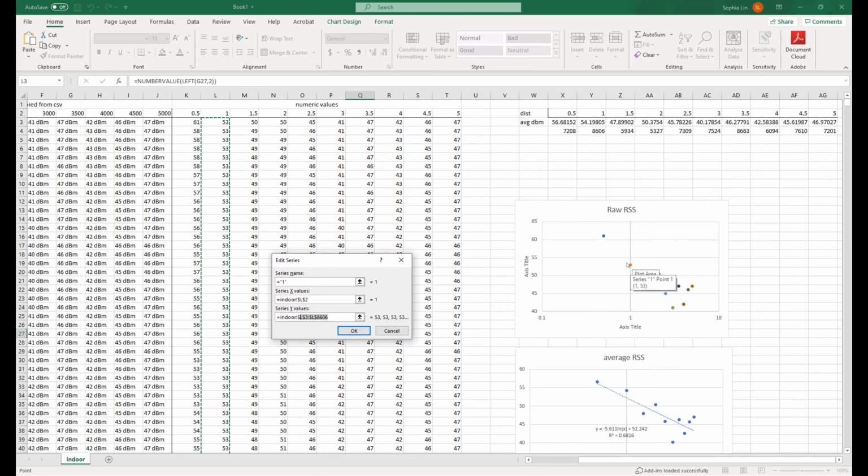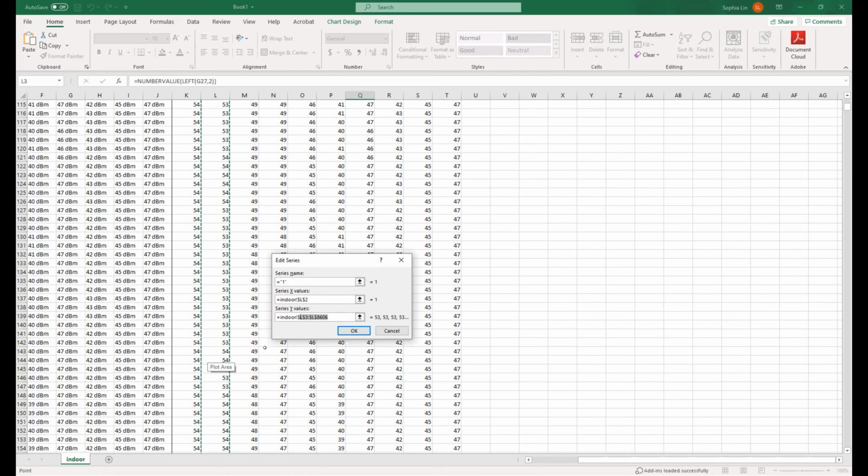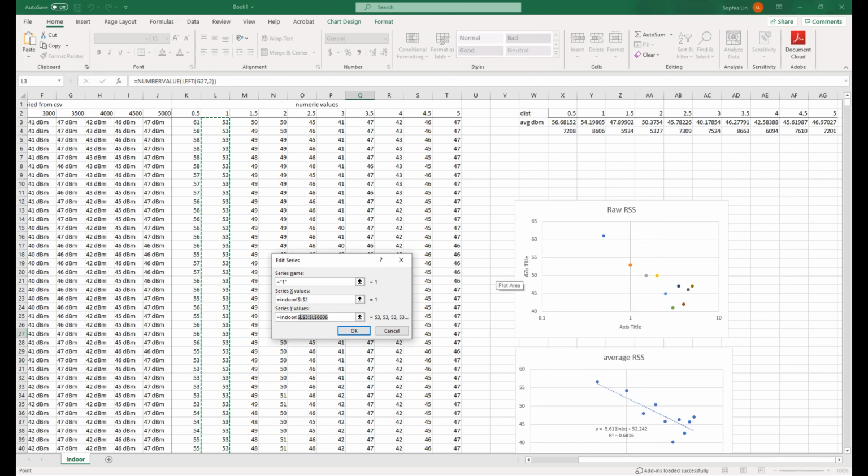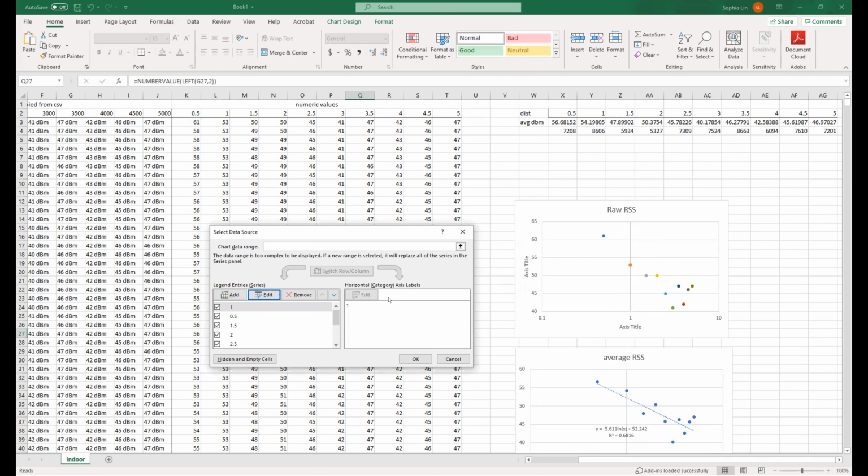It's pretty weird. Is it because it's all 53? No, there's some 54. So maybe it's an Excel problem. It shouldn't be a single dot, right? Yeah, it shouldn't be. Okay. I should change it then.